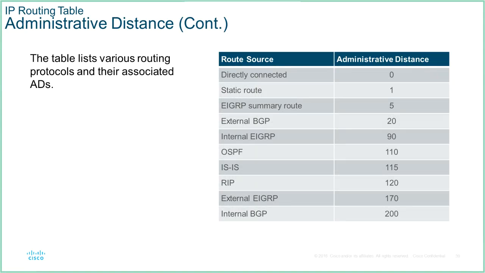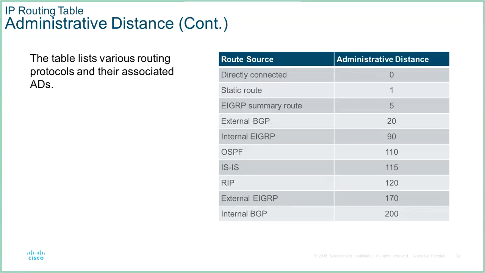And then we go through the various protocols that can be used. As you can see, there's quite a few there with quite a differing range of administrative distances. So if I learn a path to the same network, one via RIP and one via OSPF, which one do I trust the more?